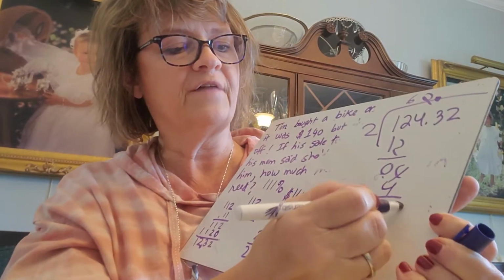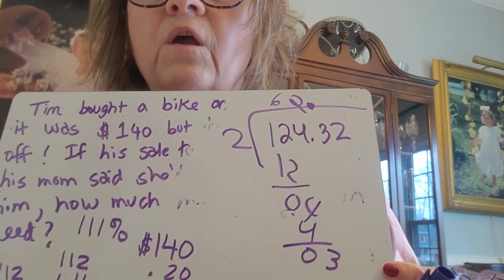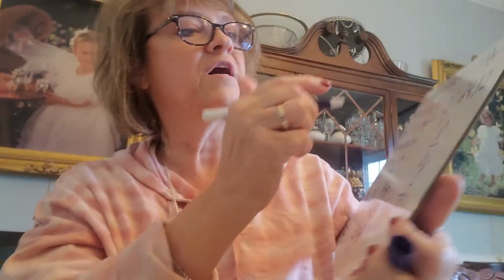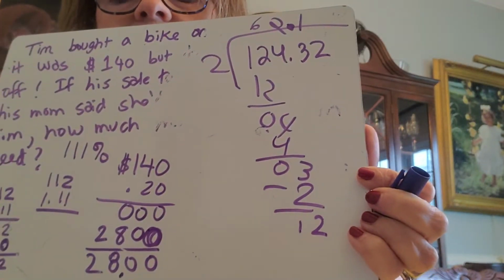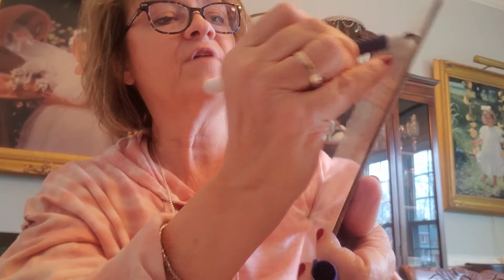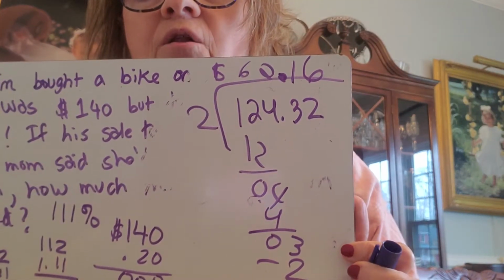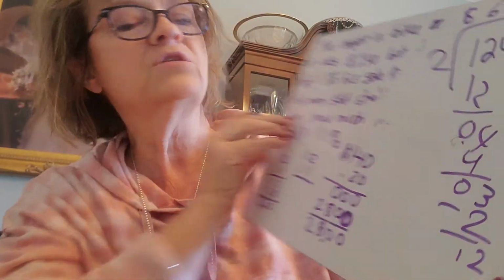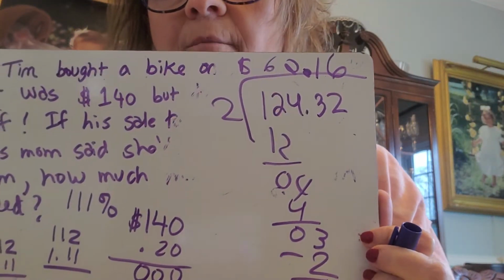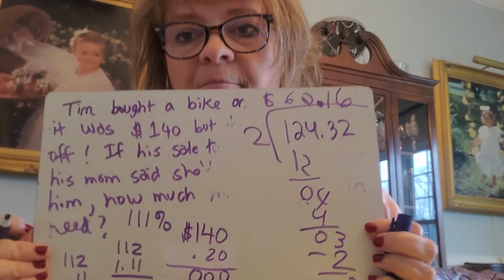Then I have to bring down the 3. 2 goes into 3 just one time. Subtract. Bring down the 2. And 2 goes into 12 6 times. So what I have up here on the top that's kind of legible is $62.16. $62.16 is what he will have to pay after Mom pays her half.